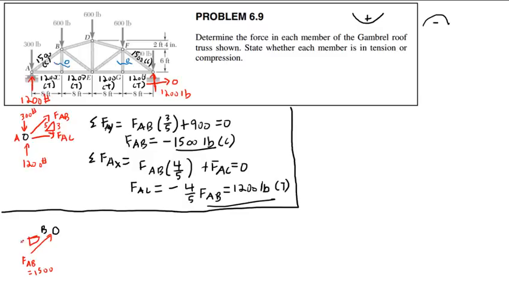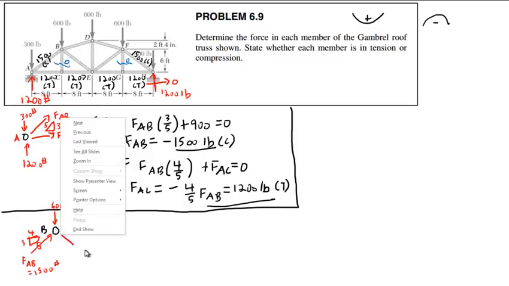I'm just going to ignore this one, BC, because we already know it's 0. I have a 600-pound force here, 1,500 pounds here. I'm going to have FBE. I'm going to assume it's tension starting off.